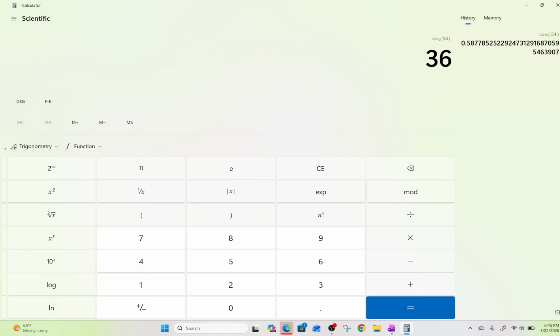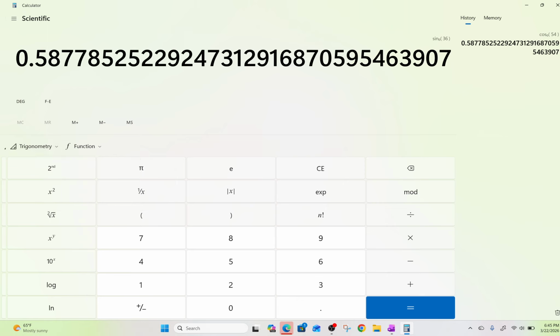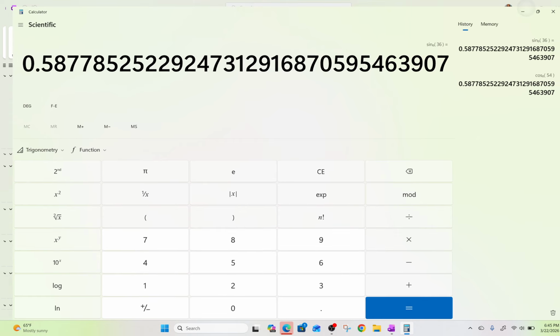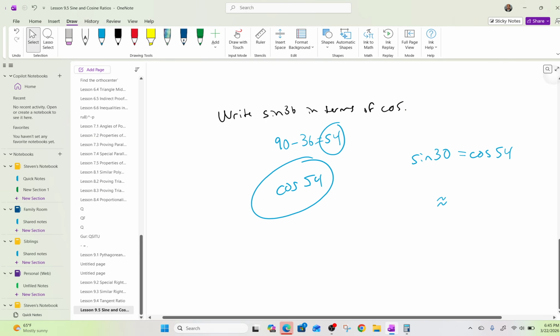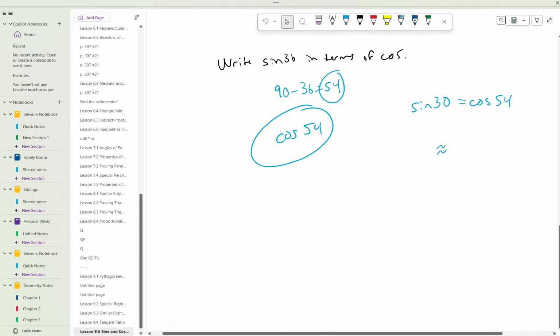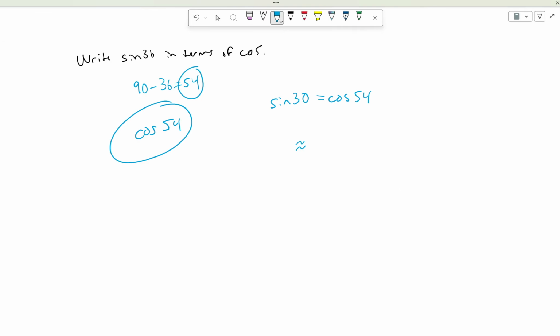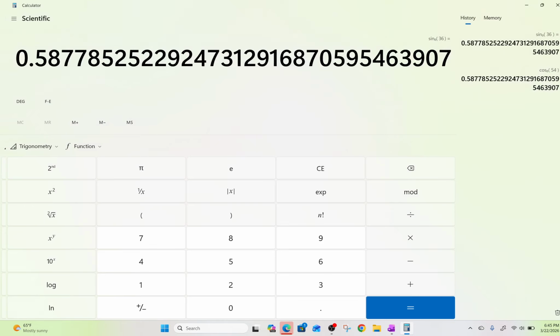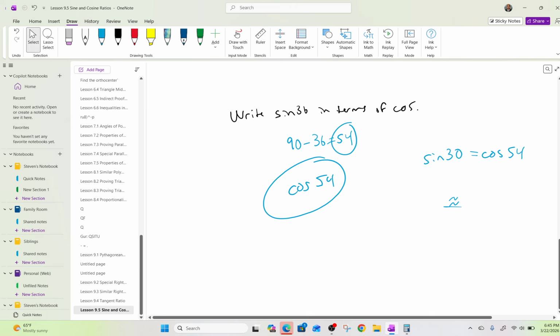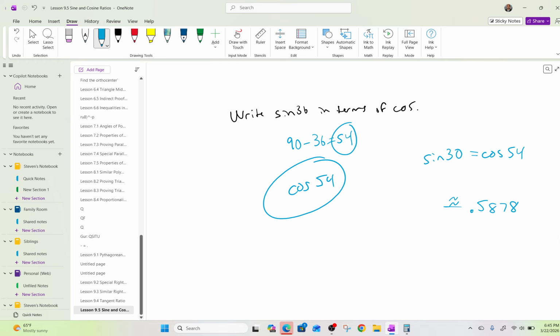And then the sine of 36 is also the same exact value, 0.5878, right? Which is about 0.5878. All right. Awesome. Very cool. A little bit of a connection for you guys. Very cool. Awesome. All right. Next.